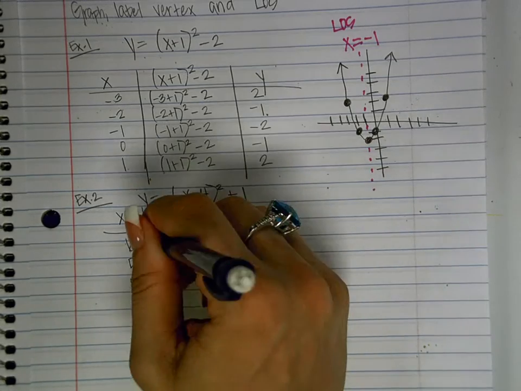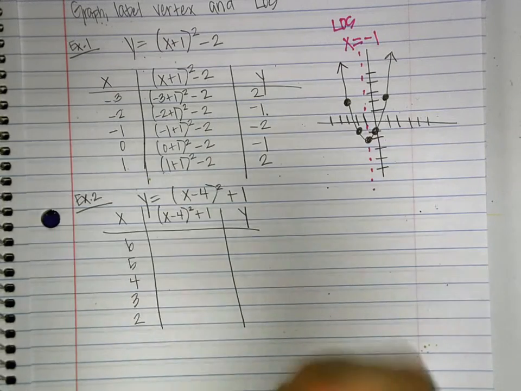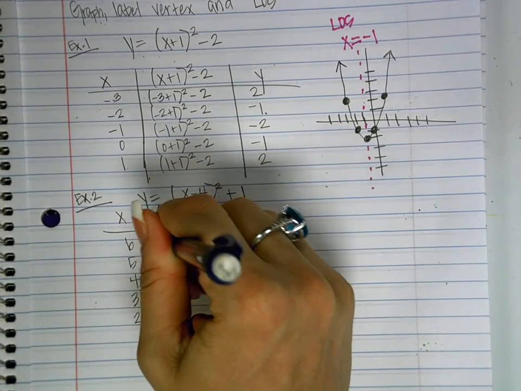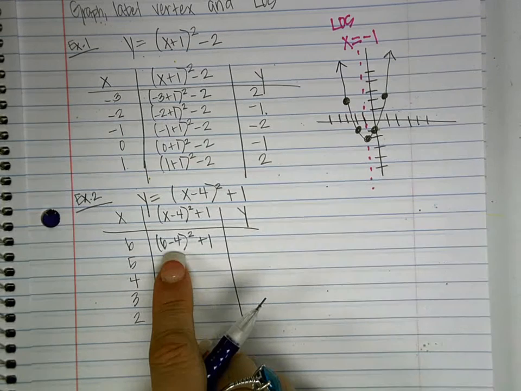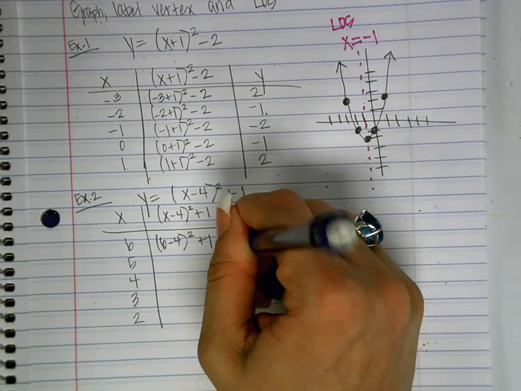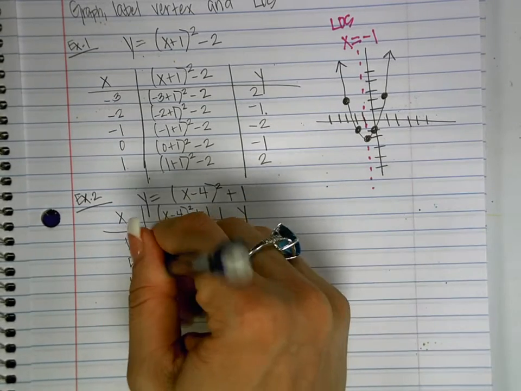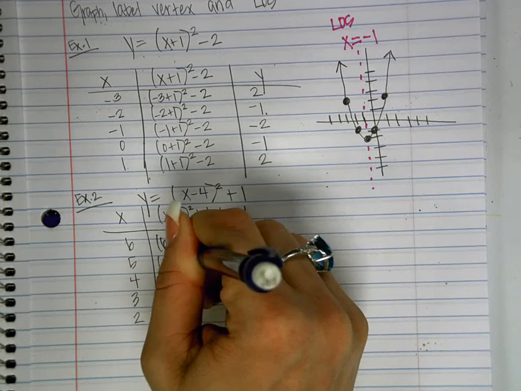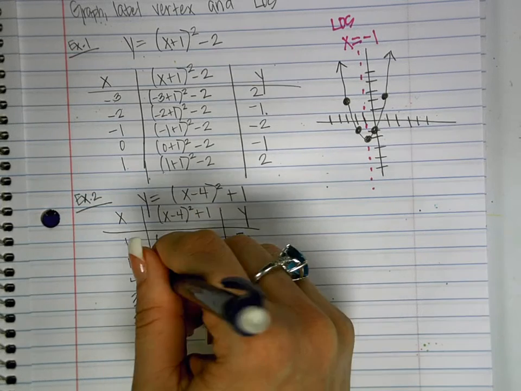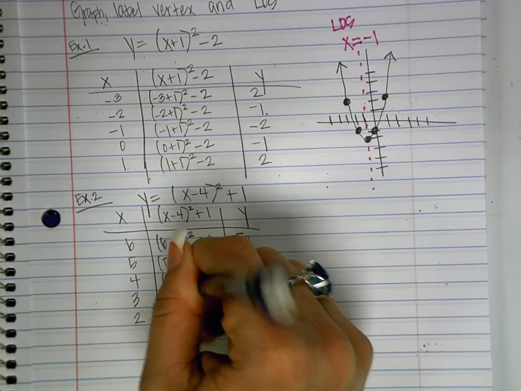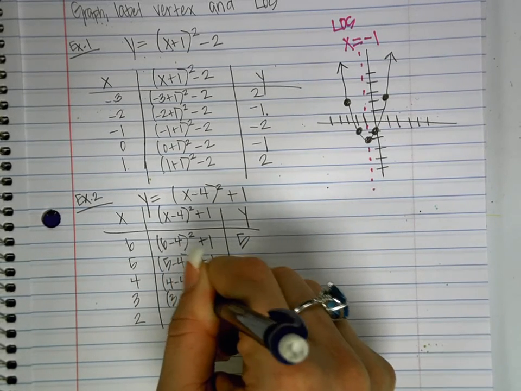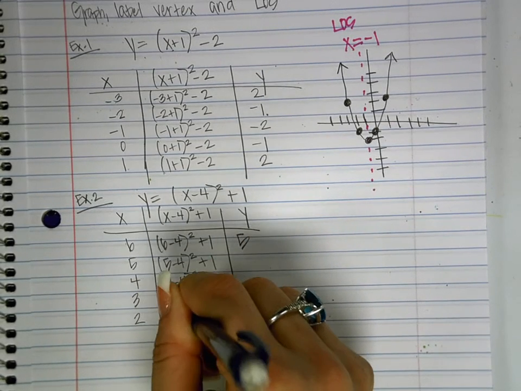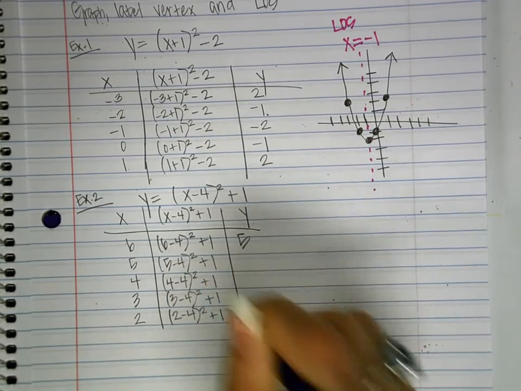If we plug in 6 minus 4, quantity squared plus 1, 6 minus 4 gives you 2. 2 squared is 4 plus 1 gives me a value of 5. Do this again for 5, 4, 3, and 2.